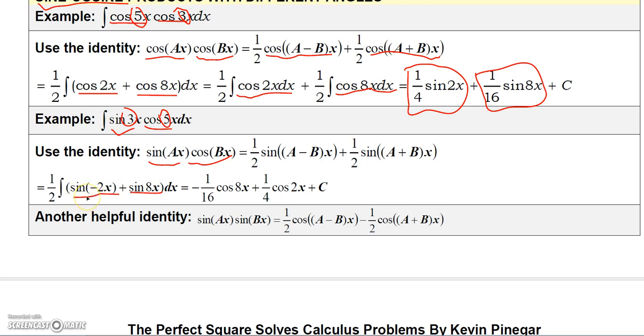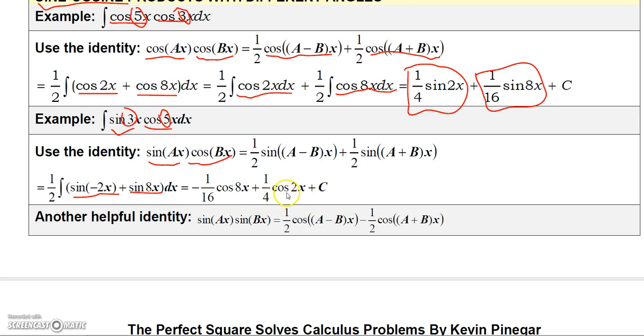So when I integrated this first term, and what might confuse you is I switched them around, I get minus cosine of minus 2x all over negative 2. Well, minus divided by minus is going to be plus. So I'll get plus cosine of minus 2x and then over 2 times 1/2, so that'll give me 1/4.